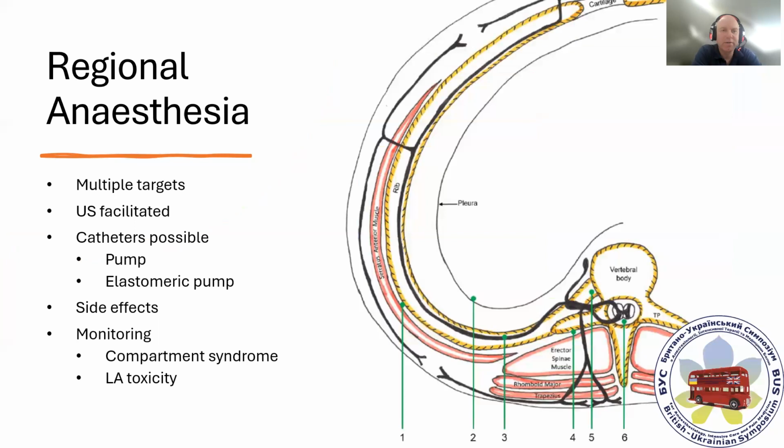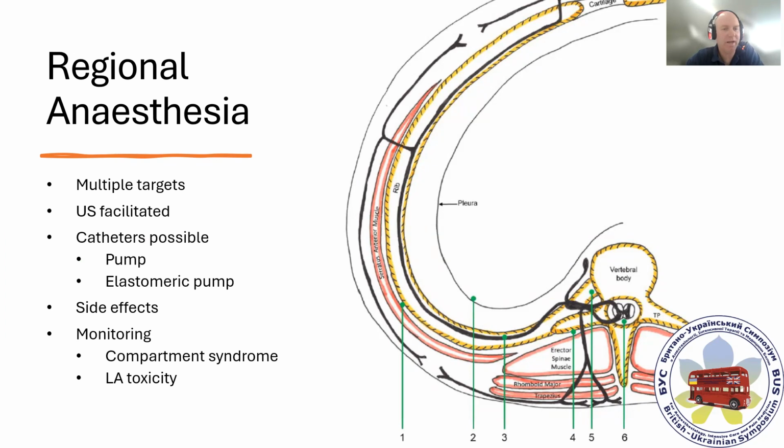Regional anaesthesia, I know you're going to have a talk from Madan Narayan of Frimley Healthcare, who is excellent. So I'm not going to dwell on this, but there are lots and lots of targets, all of which can be facilitated by ultrasound. I've got a picture here of the cross-section through the chest wall, and you can see at least 6 targets there for rib fracture analgesia.